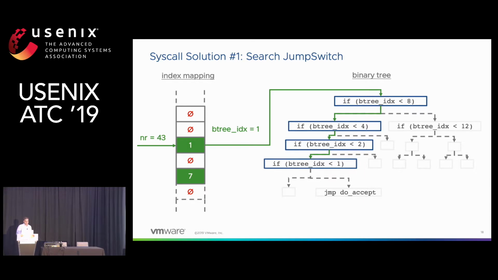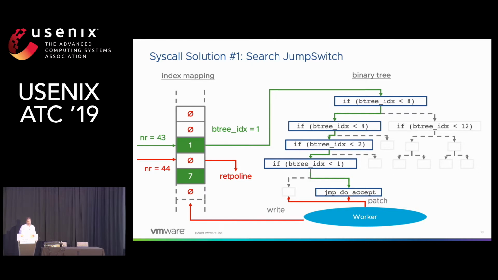We traverse through the tree and eventually go to the direct jump that goes into the system call. If we get a system call which is infrequent, we fall back and go to the Retpoline. Of course, we have a worker that looks at which system calls are frequent. From time to time, we do profiling and update this binary tree and index mapping.